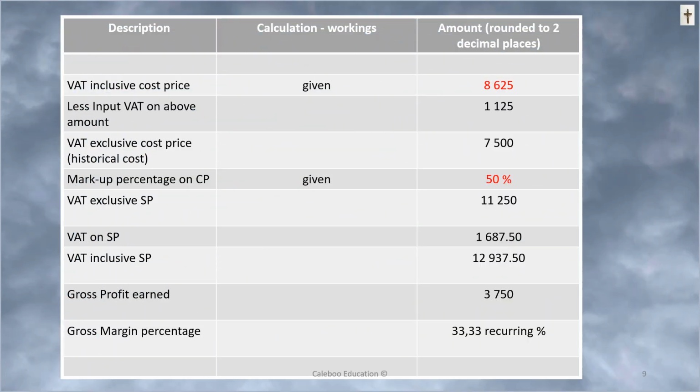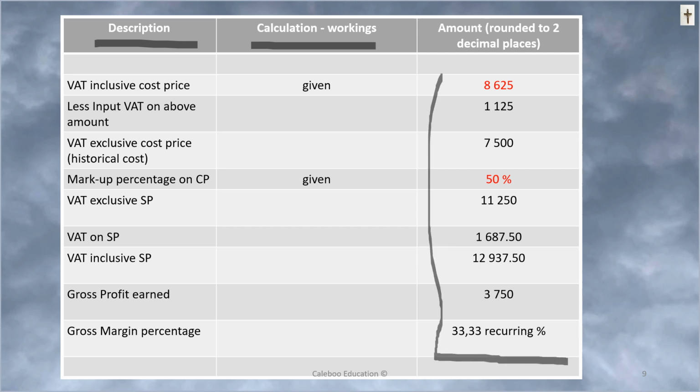You can be given a table like this where you have to calculate different amounts. I'll show you how to do the calculations, and what I have here in this column are the answers, but I'm going to show you how to do the calculations.